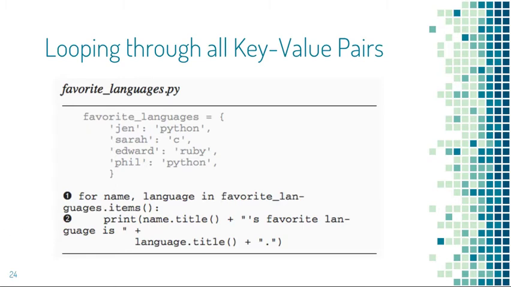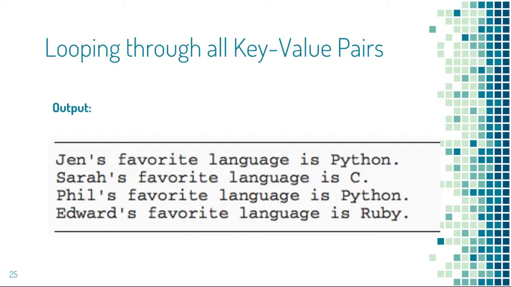These descriptive names make it easier to see what the print statement at 2 is doing. Now in just a few lines of code, we can display all of the information from the poll. This type of looping would work just as well if our dictionary stored the results from polling 1,000 or even 1,000,000 people.